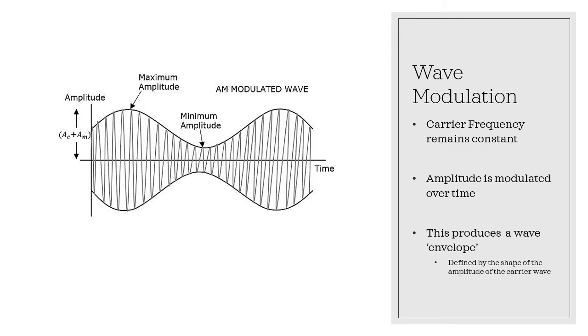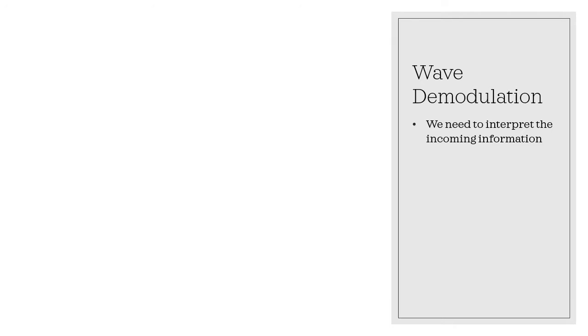So the wave envelope is just defined by the shape of the amplitude of the carrier wave if we were to connect all the dots at the peaks of our carrier wave. So now we have our wave envelope.